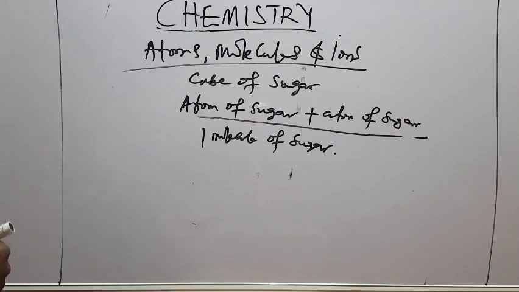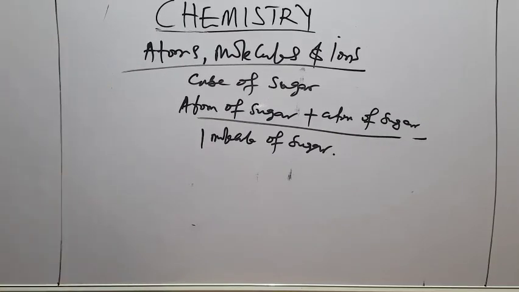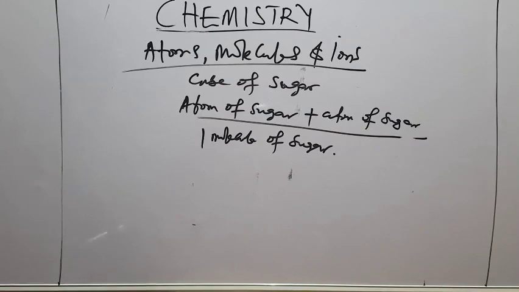So while atoms cannot exist alone, a molecule can exist alone. Again, why can a molecule exist alone? Because the molecule can be atoms of the same element or atoms of different elements combined together, and they can now take part in a chemical reaction. So that's a molecule.